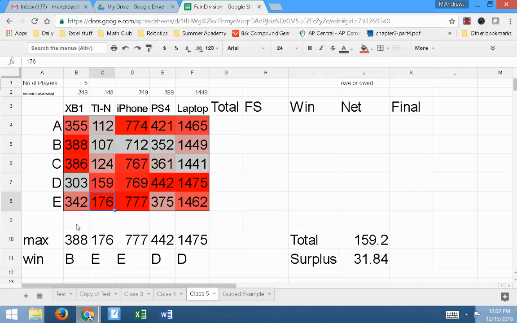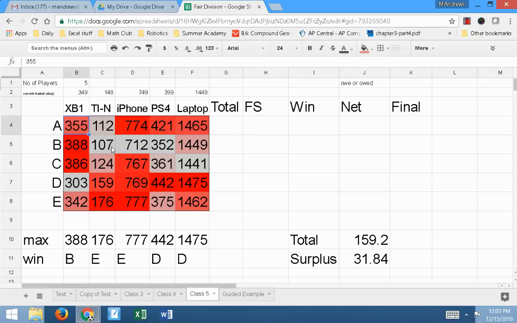There's also a nifty color scheme that we have here that's going to help determine what's going on. So A has 355. As these numbers change, the colors themselves also change, and that is a function of Google that you can actually utilize when you're looking up data.